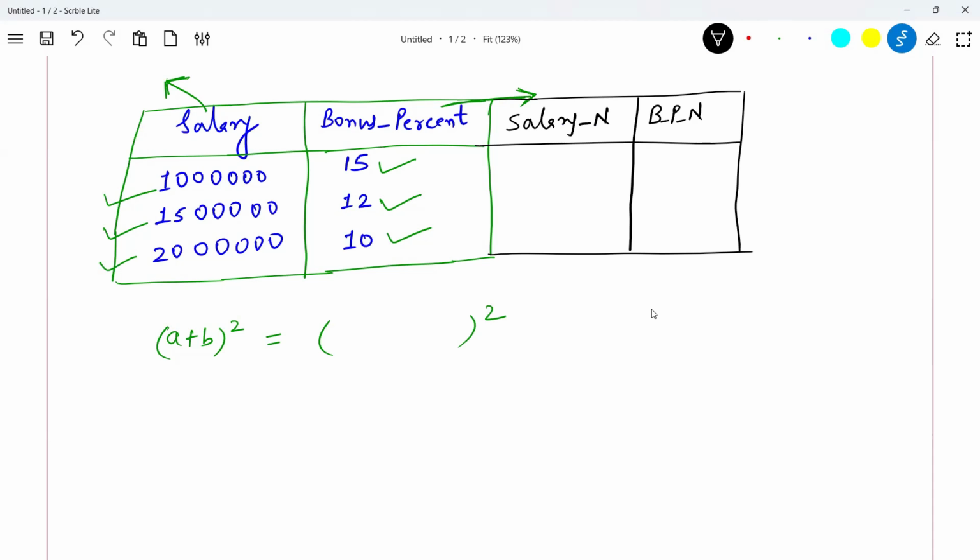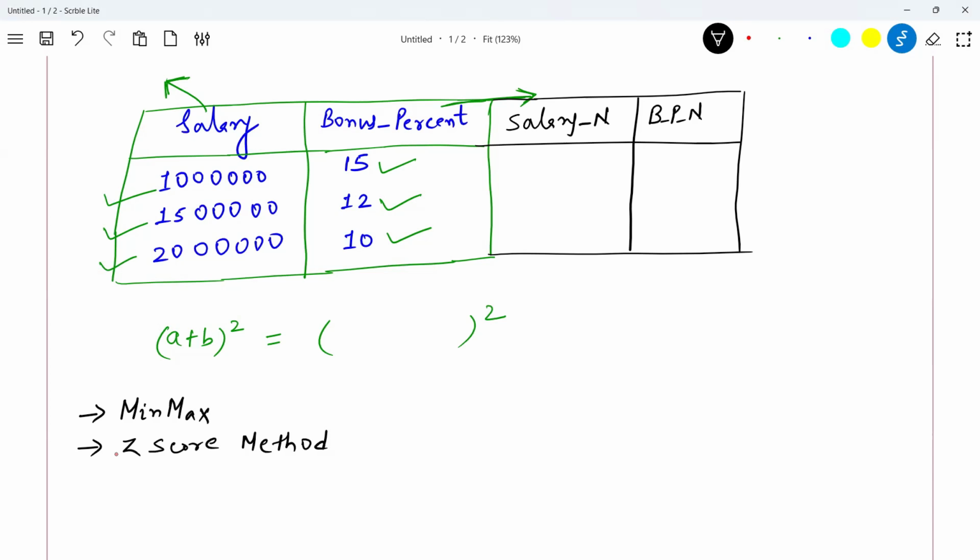So the mathematical equations I'm talking about are known as normalization techniques. One such technique is known as min max normalization. Another technique is known as the Z-score method. So we will see two techniques. I'll just give you the formula for these two techniques.